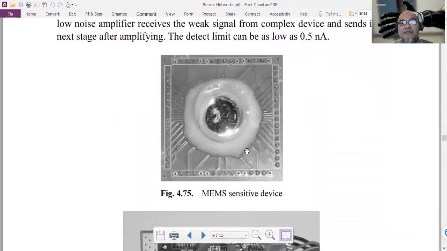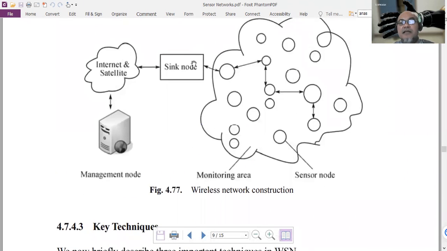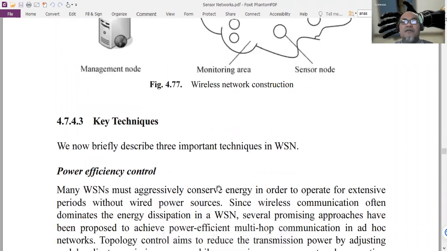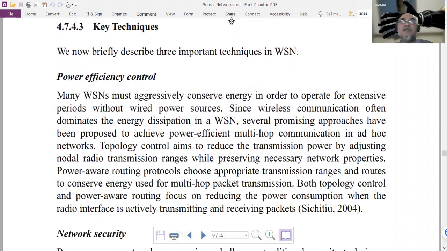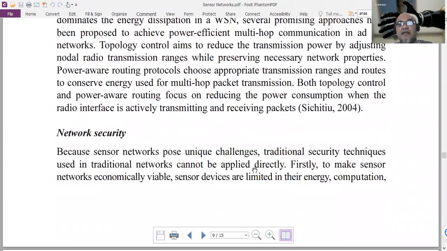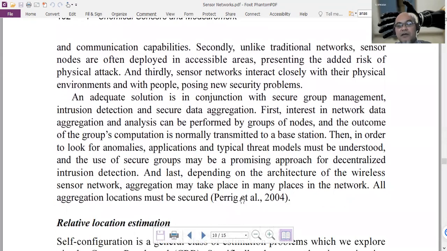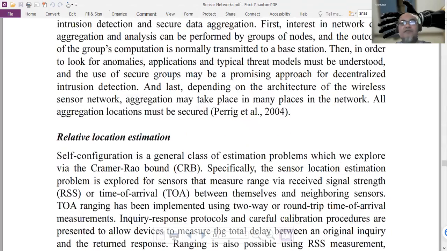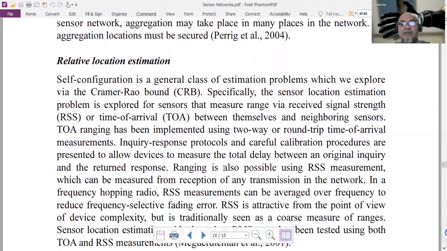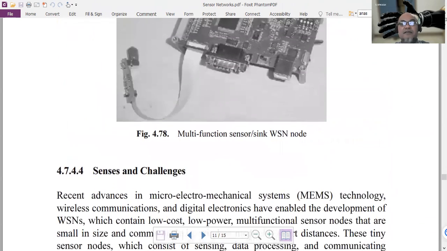Then the sensing device with amplifier unit can be sent to the internet. In the case of Daniel and also James, they were using a Wi-Fi network, similar to what we use for our wireless internet. But it could also use Bluetooth, for example, or Zigbee, although it is not common to use Zigbee nowadays.